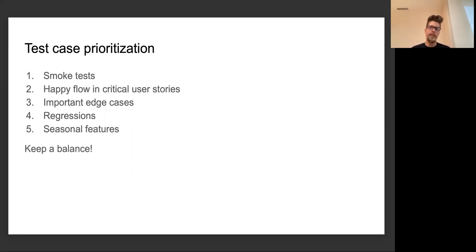And in our case, the application we are building is related to retail, to shops. So there is this feature which is inventory, which is used pretty much once per year. So this is another example of a feature that is important, but only for a very short period of time.